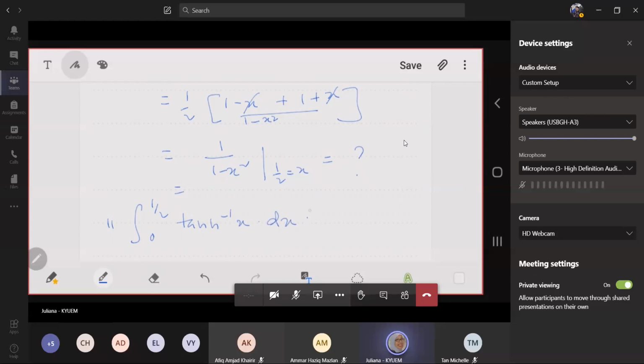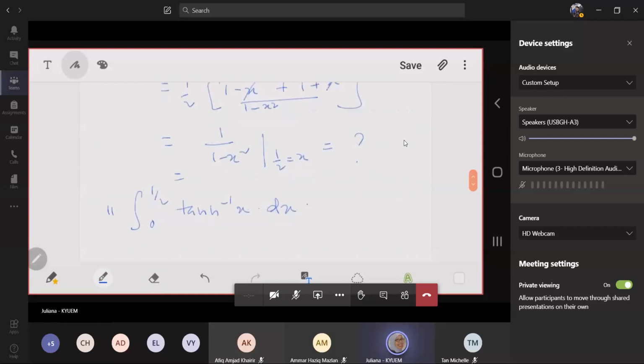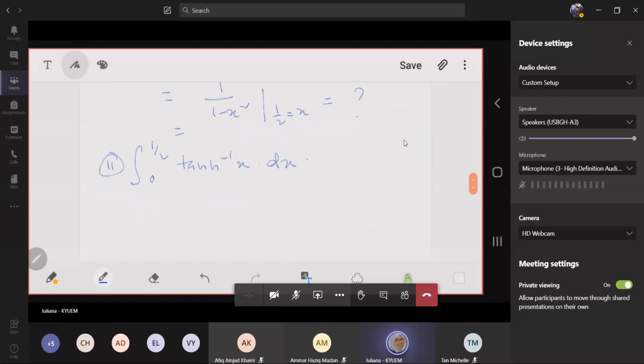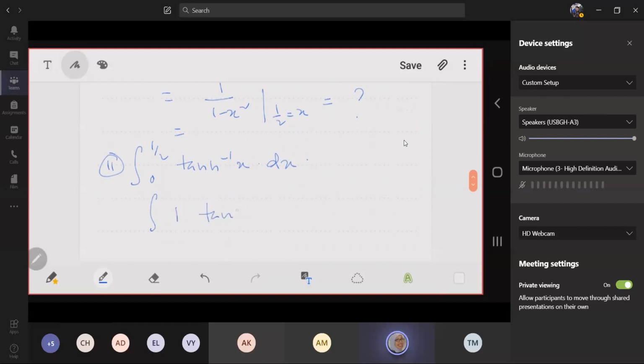So what you do is you can treat it as 1 multiplied with tangent to the minus 1 of x. You integrate this, differentiate that.